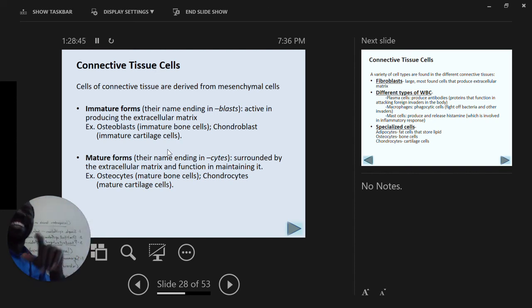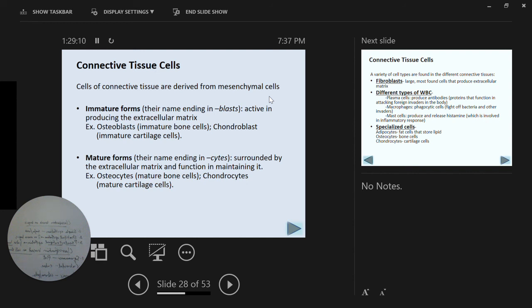Now, connective tissue cells are derived from mesenchymal cells. There are something we call embryonic germ layers. You have the endoderm, the ectoderm, and the mesoderm. This is all I need you to know.